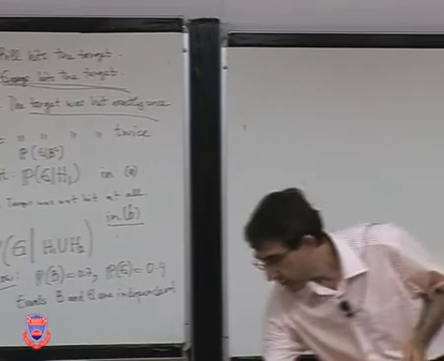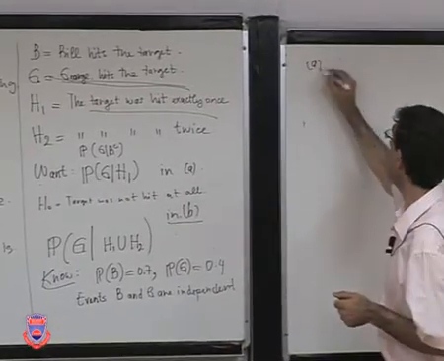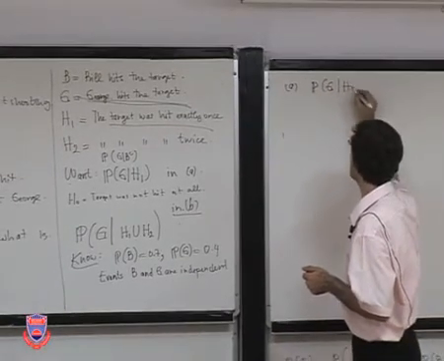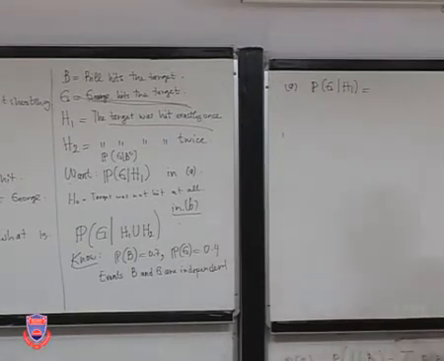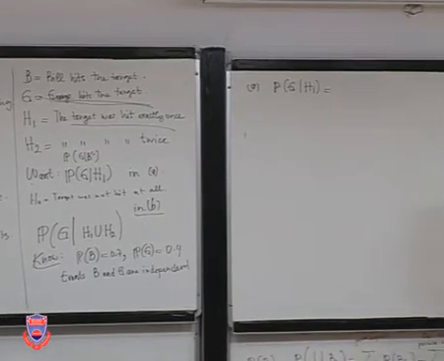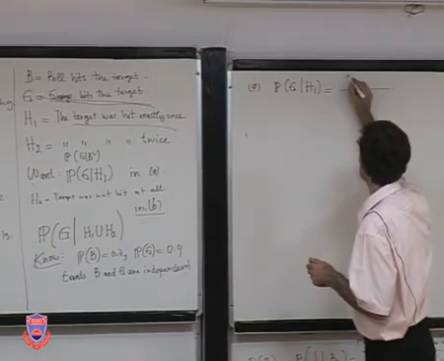So now, let's look at the first probability, namely this. In part A, we all agreed that what we are asked to calculate is this conditional probability. Then you immediately use the definition of conditional probability.